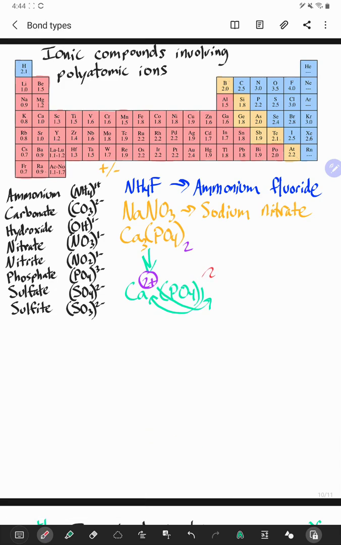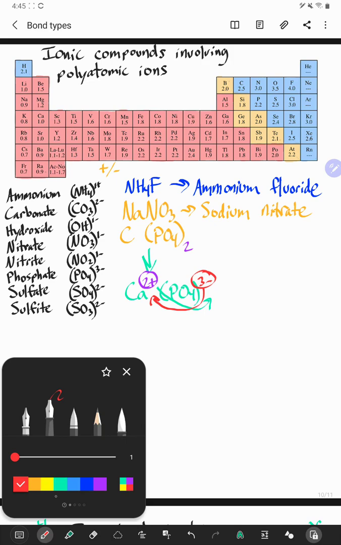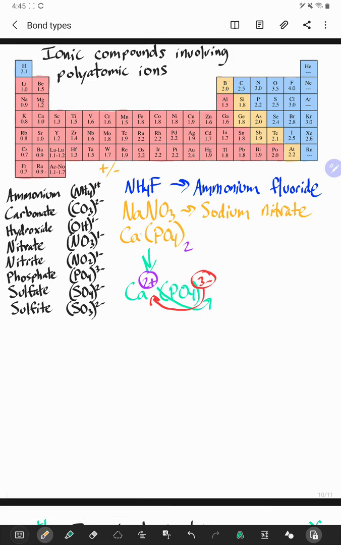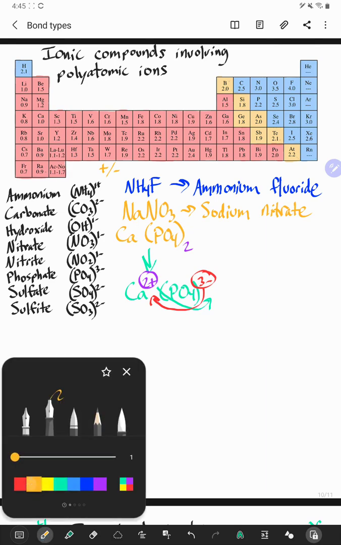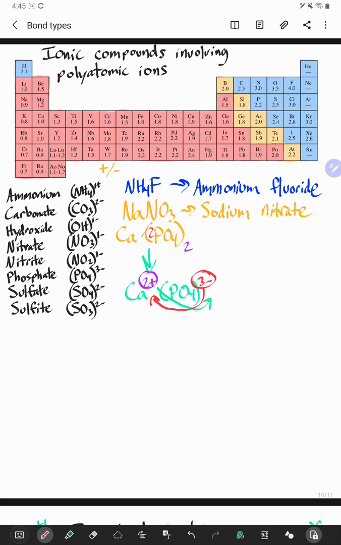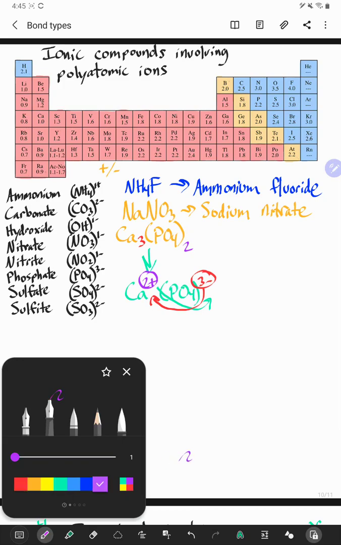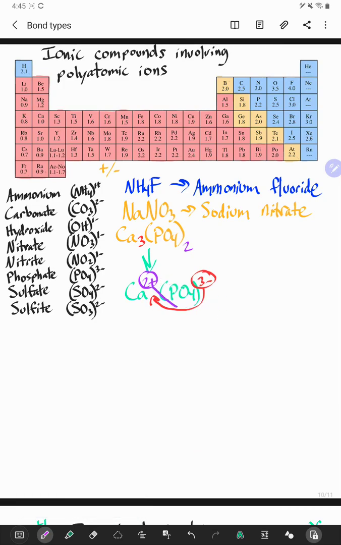And then this 3 is from that right there. And now we can read it a little bit easier. So we have Ca3 PO4 2. All right, that's how we get that.